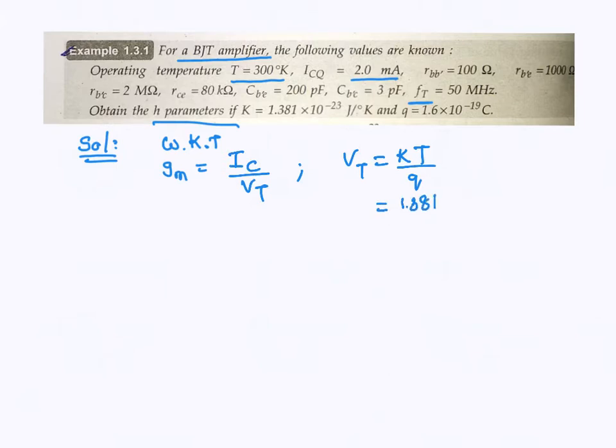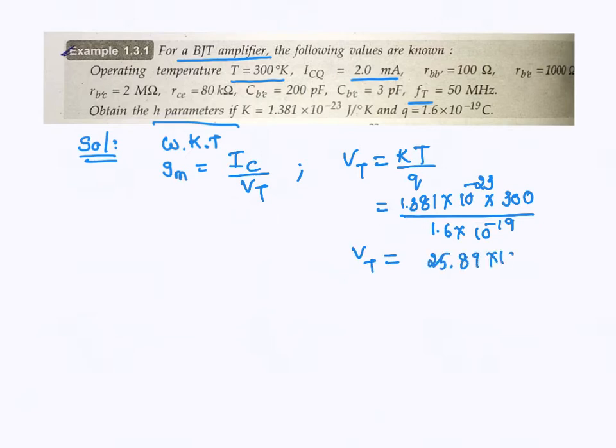He has also given 1.3 into 10 power minus 23, and the temperature is mentioned as 300 Kelvin, and the value of q is 1.6 into 10 power minus 19 coulomb. So the value of Vt will be 25.89 into 10 power minus 3.